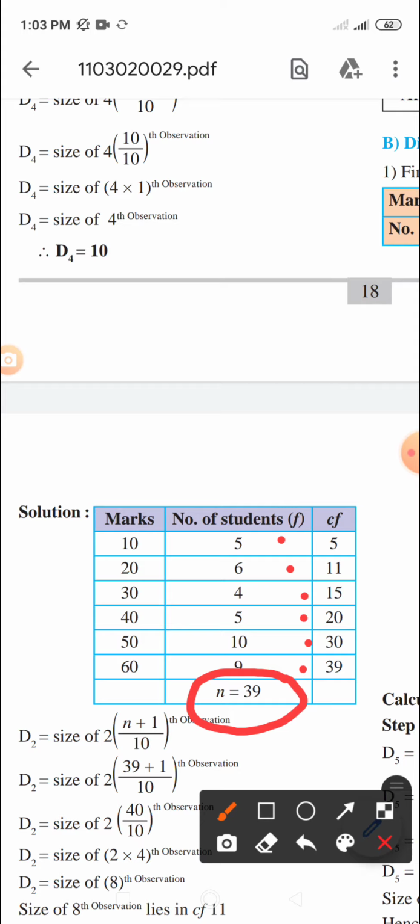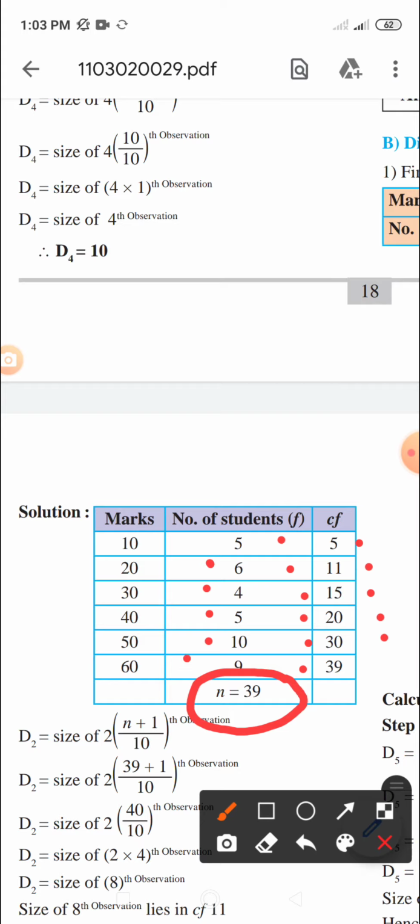Next step, find out the cumulative frequencies, or CF. So the cumulative frequency of the first ungrouped data, that is 10, is 5. Next 5 plus 6, that is 11. 11 plus 4, that is 15. 15 plus 5, that is 20. 20 plus 10, that is 30.